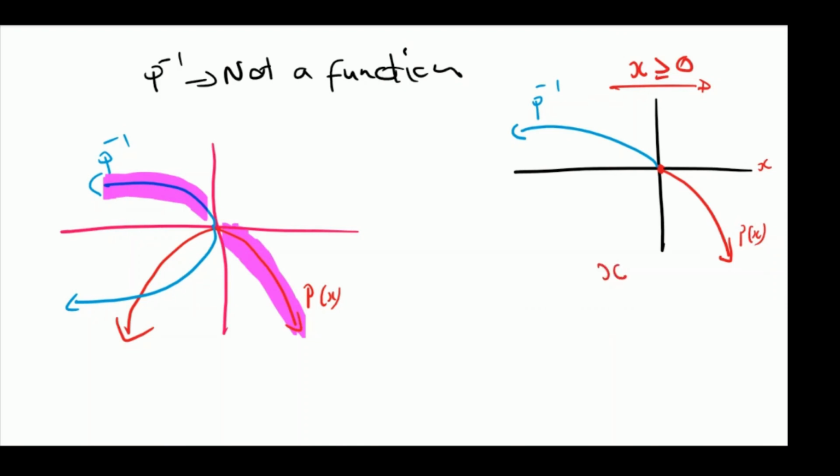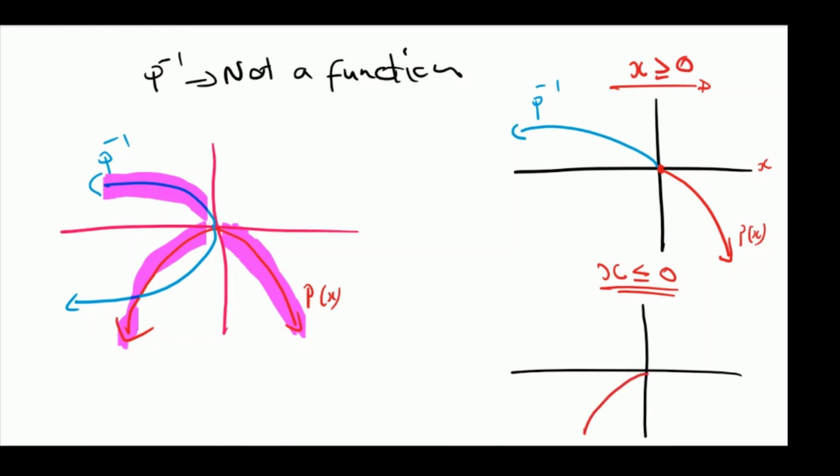Or I can restrict my graph to x being less than or equal to 0. So how does that look? You draw your graph like this, and now we're going to look at this portion here, because it's less than or equal to 0. We need to draw it. So we look at this portion of P of x, and how will my inverse look?